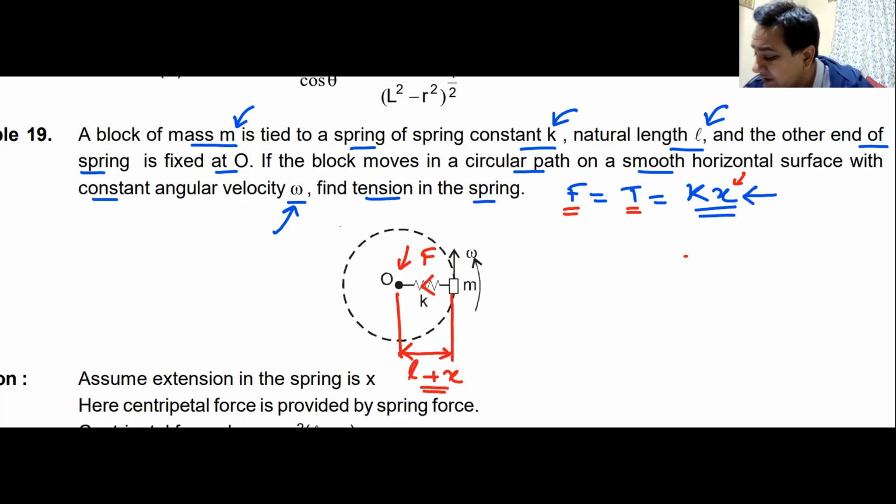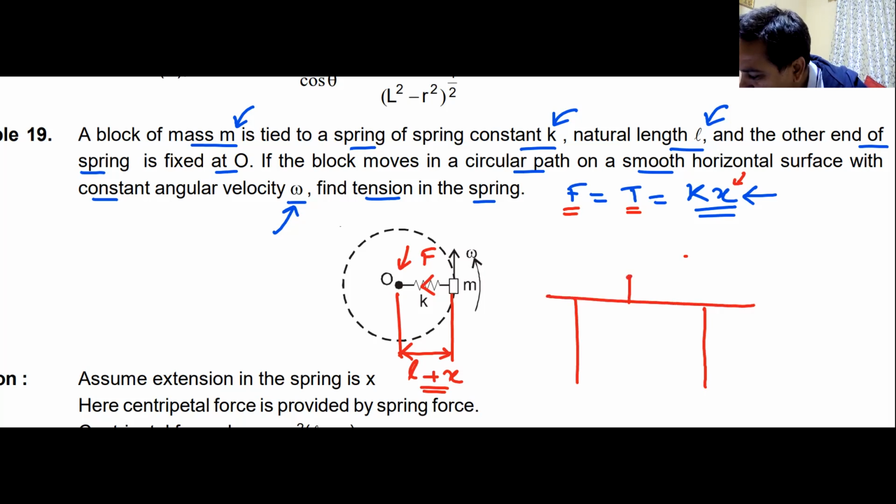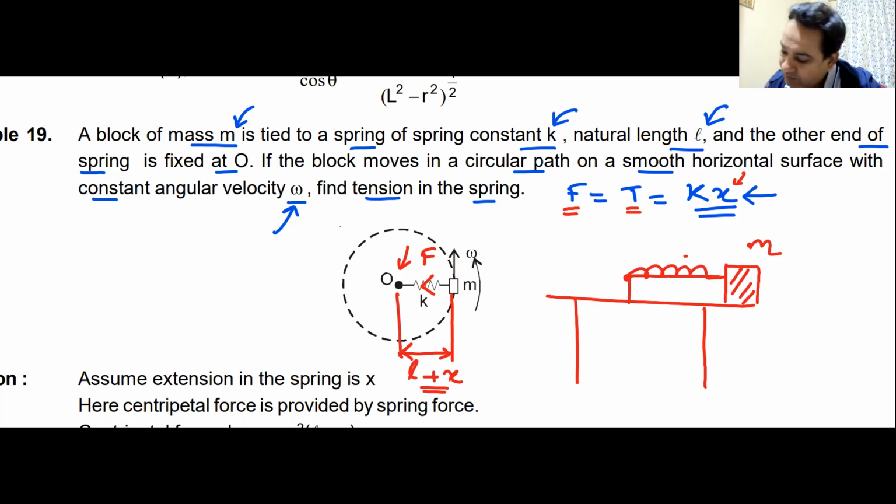So what I'll do is change the point of view, and now I will see this block as moving like this. Do we understand this, everyone? It is moving in a horizontal plane. This is M, and this is my spring. The force in the spring is in this direction. Do we all understand this? Yes or no?